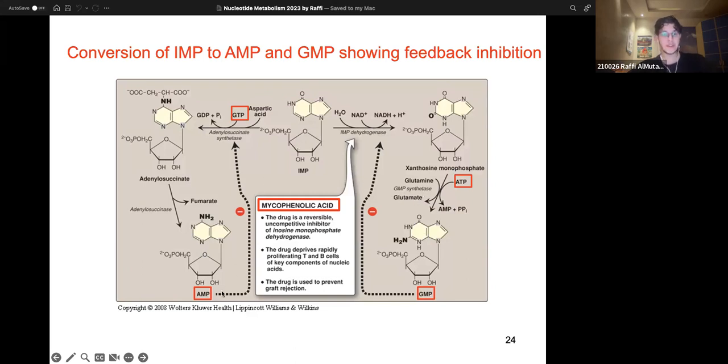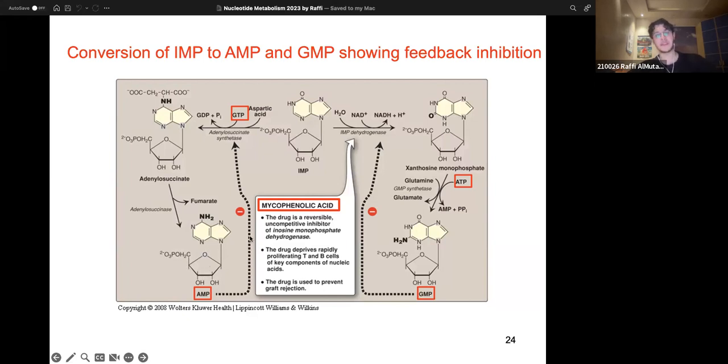We can also convert IMP to AMP through adenylosuccinate synthetase, and then further through adenylosuccinate lyase. So what this means is that we have to make adenylosuccinate and then break it essentially into a better form, which is AMP.